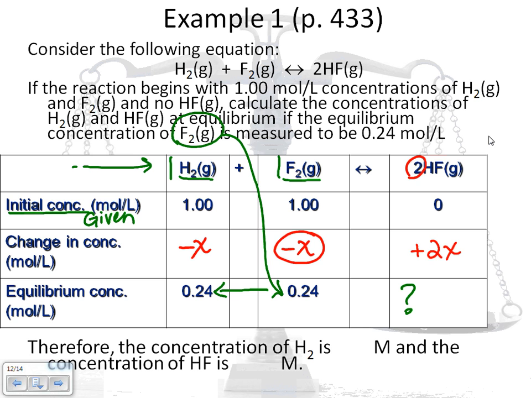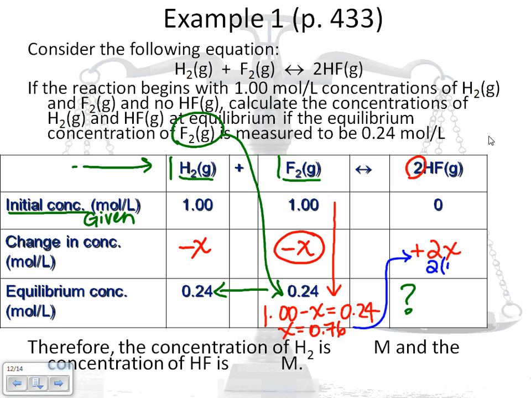So, if the question says 1.00 minus X equals 0.24, that's this whole column here, then I can figure out that X is 0.76. Now that I know that, I can plug that number in up here.